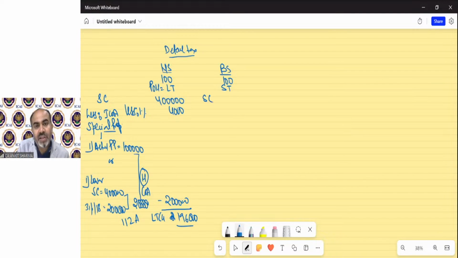Now these are short term. Again, sale consideration is the same, 4 lakh, and 4,000 rupees commission has been given. That will be 3,96,000. Now these bonus shares have been purchased after 1st February 2018. So in that scenario, the special provision will not apply. We have to find the normal cost of acquisition.